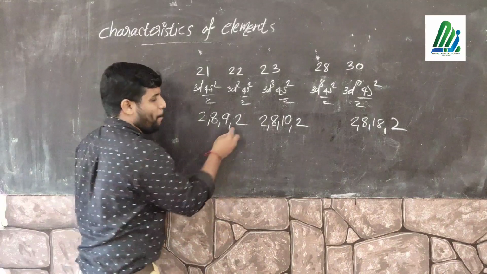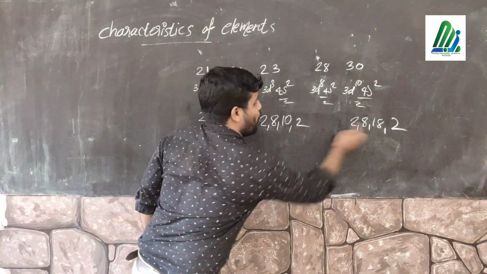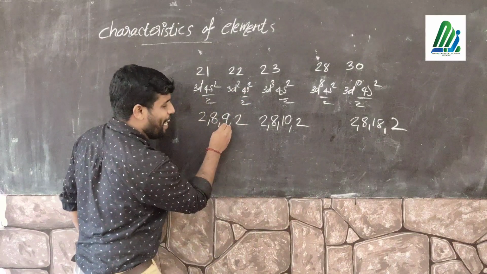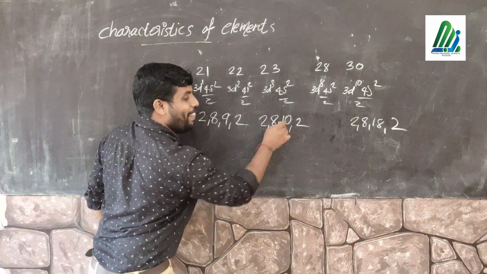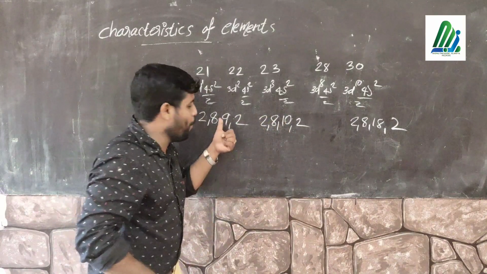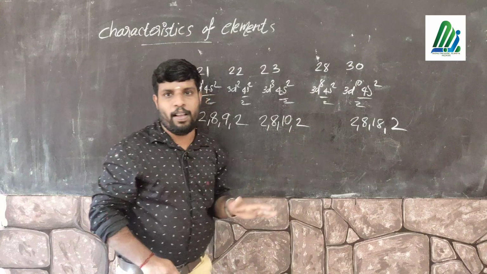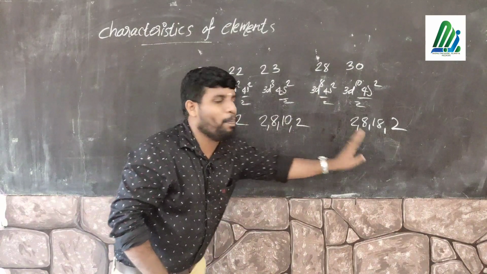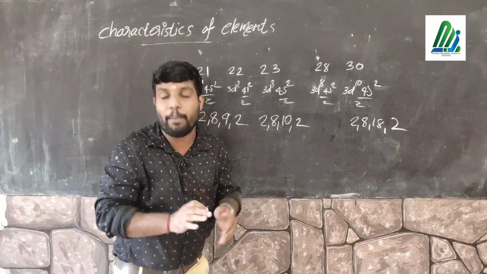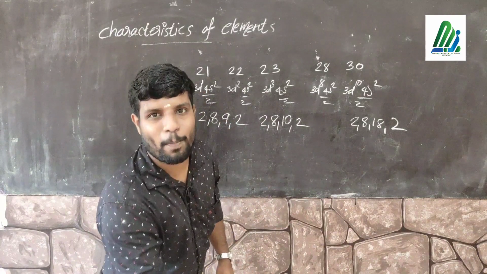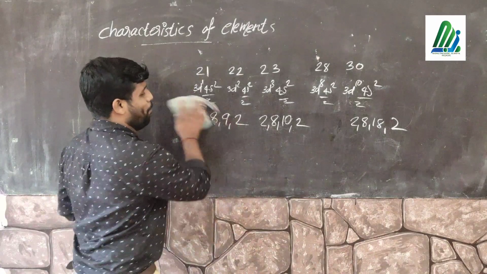Look at here, the number of valence electrons are not changed. The number of valence electrons are equal, but there is a change in the electrons in the third shell, the penultimate shell. Due to that, they show similarity in their properties along the period also. That's why it's a very important property of D block elements. They show similarity in their properties along group and period.